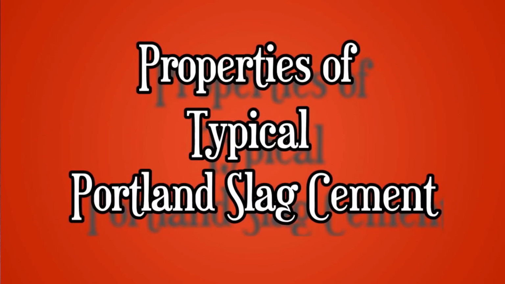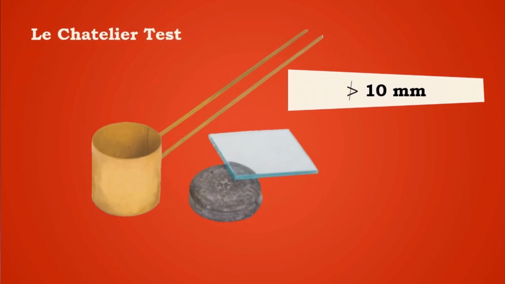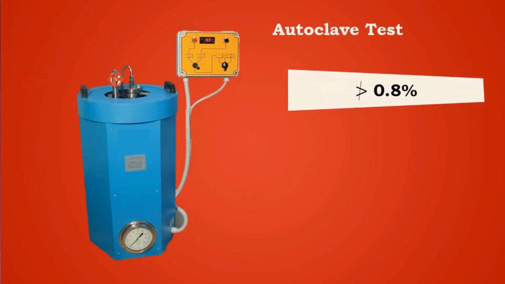Properties of typical Portland slag cement. The fineness in terms of the specific surface should not be less than 225 m2 per kilogram. The cement should not have expansion more than 10 mm for Le Chatelier test and 0.8% for autoclave test.